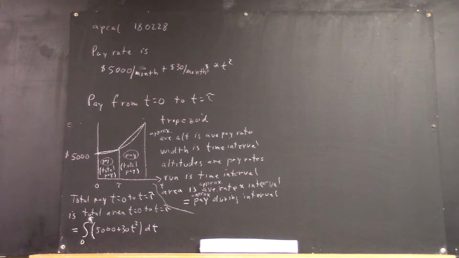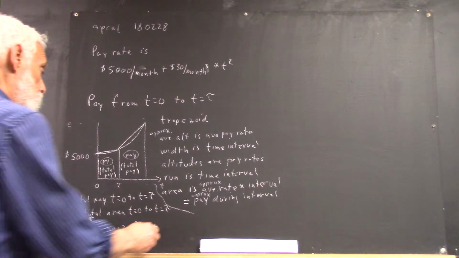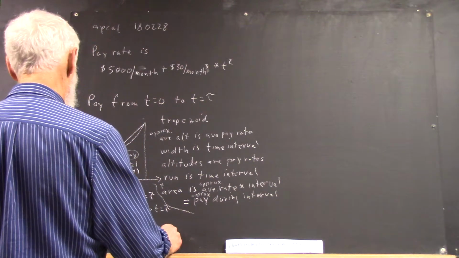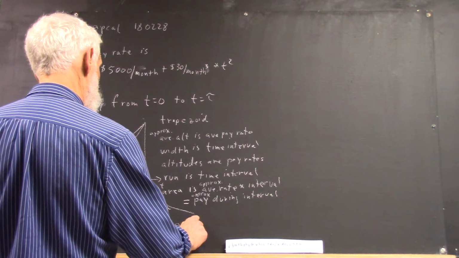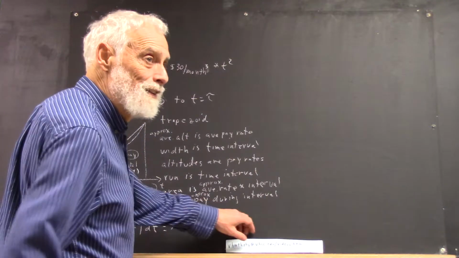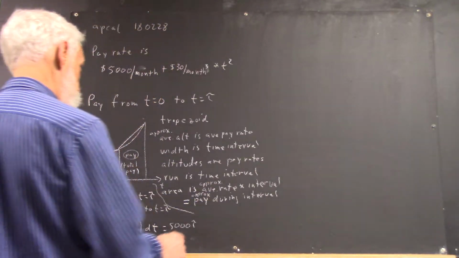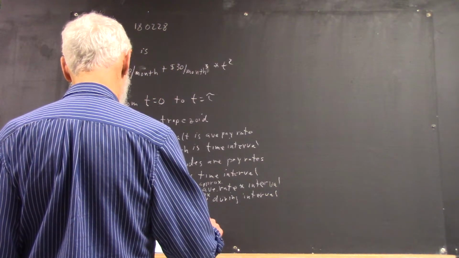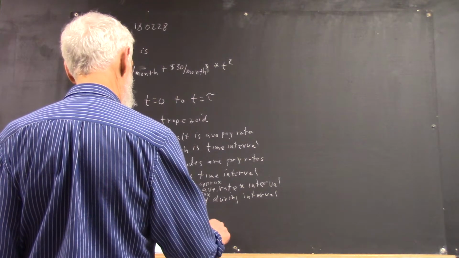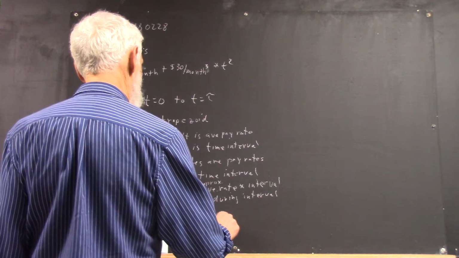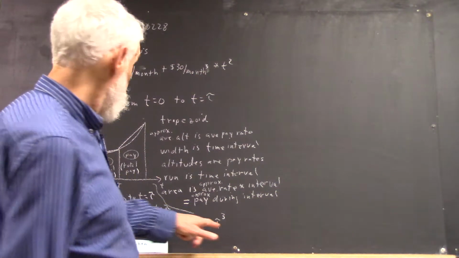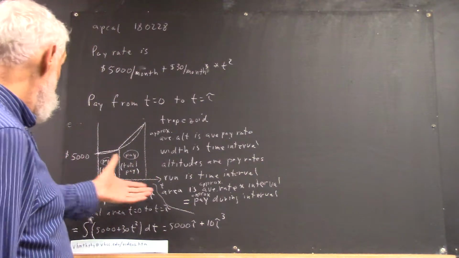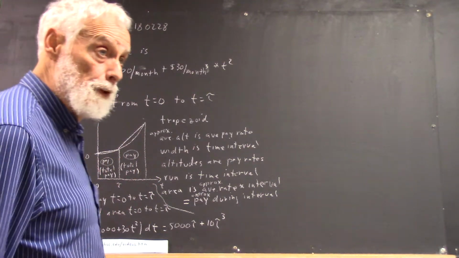So we're going to put tau here. And that's a really easy integral that you can probably do in your head about as easily as I can, except I'll probably mess it up and you wouldn't. Okay, so we got 5,000 tau plus 10 tau cubed.